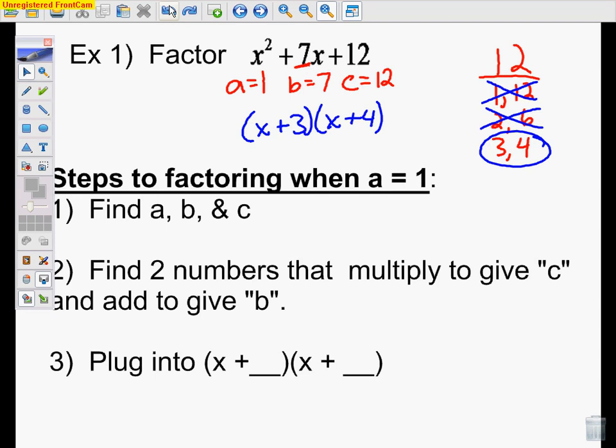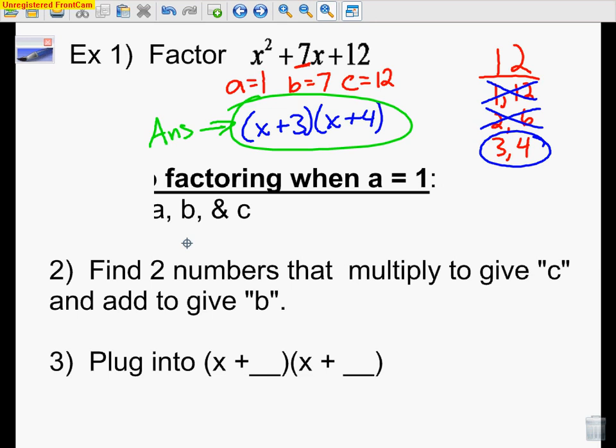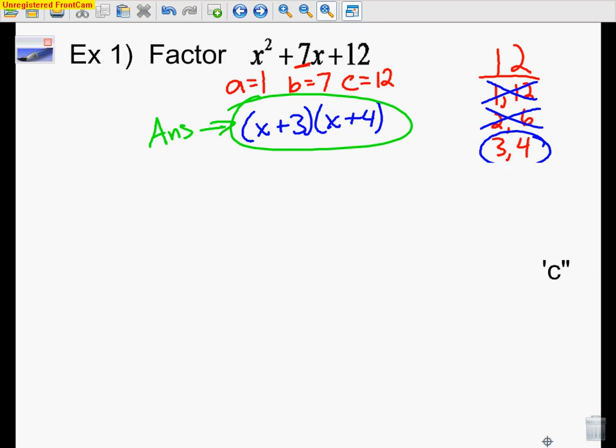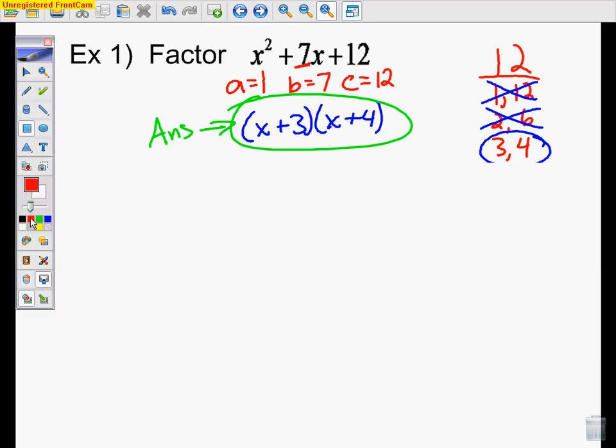Now, one way that you could check this, and let me stress this point, this right here is the answer to your factoring question. This is the answer. But you could check your answer by, once again, foiling it. So if you wanted to check this and make sure that you're right, you could say, okay, well, x times x, that's x squared.